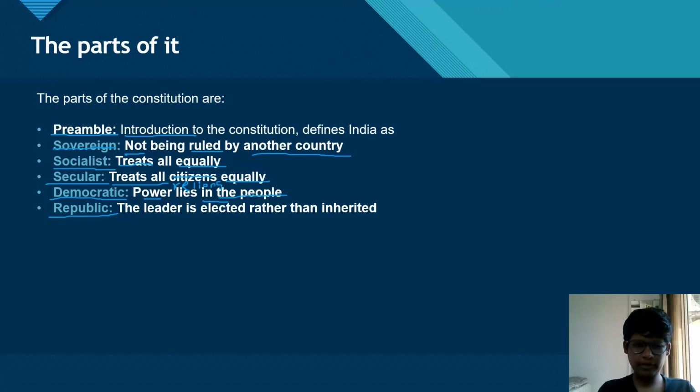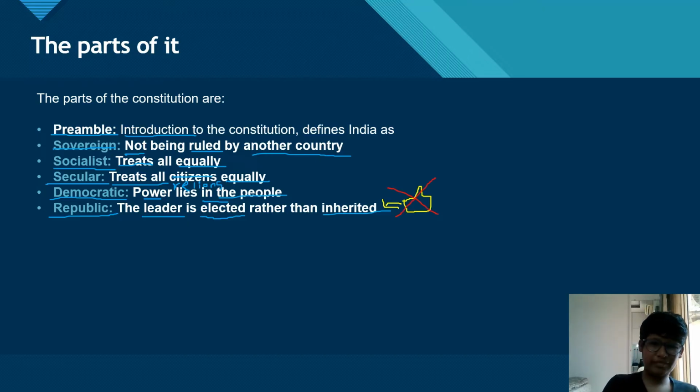Then we have the last one, Republic. In Republic, the leader is elected rather than inherited. So the leader is elected by the people and not inherited through a generational sequence.